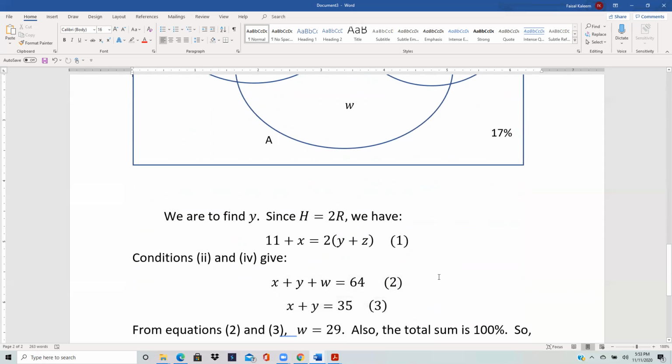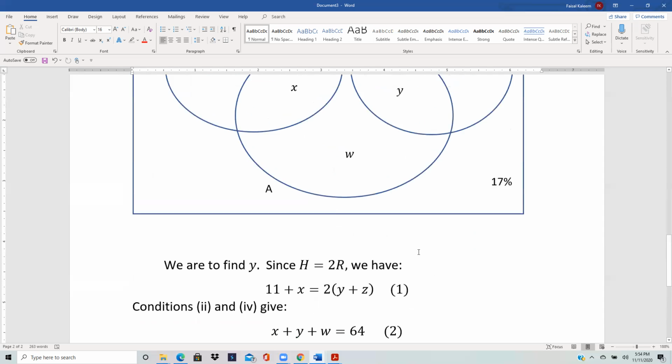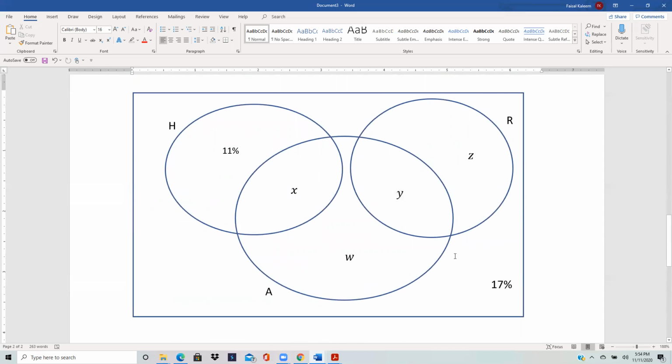And now we can look at equations 2 and 3 to see that W must be 29, because X plus Y is 35. So if you put 35 for X plus Y, that gives W is 29. And also the total sum of everything I have over here is 100%.